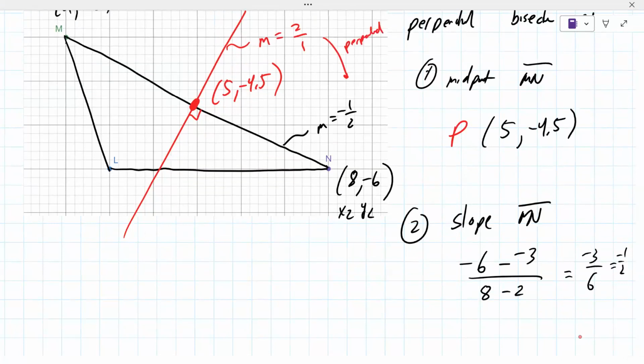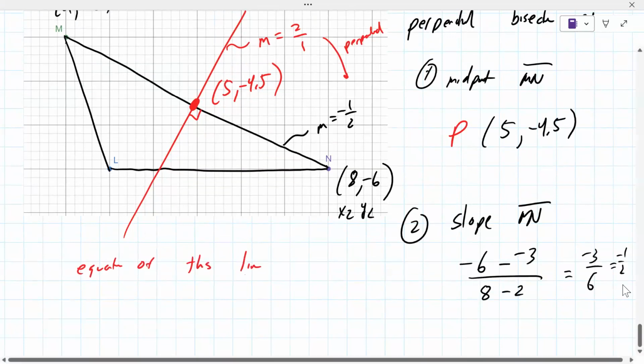Now, if you were to write the equation of this line, I got my slope. I just need the point. And you have the point. You just found it. 5 comma minus 4.5.